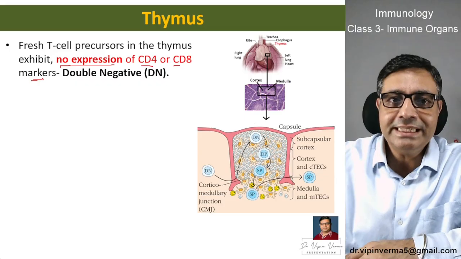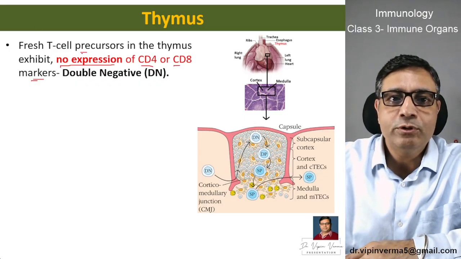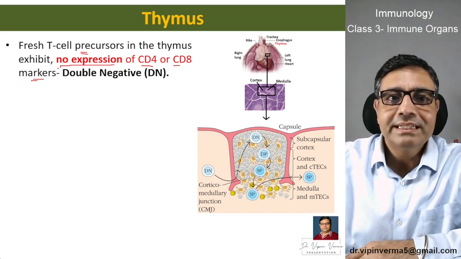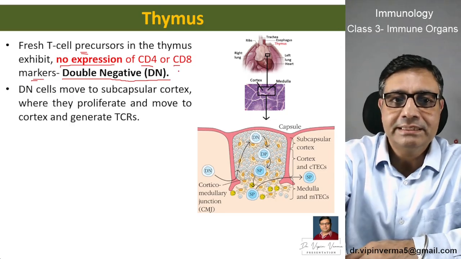Since these T cell precursors don't have expression of either of these two markers, these cells are known as double negative cells. We call them DN cells.